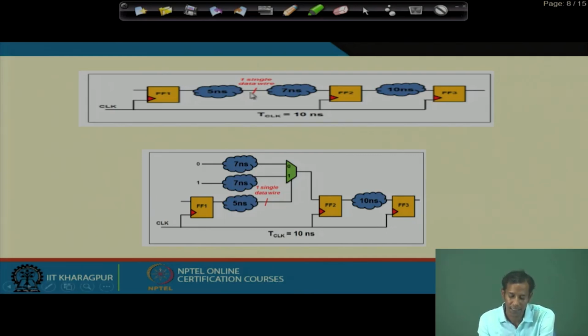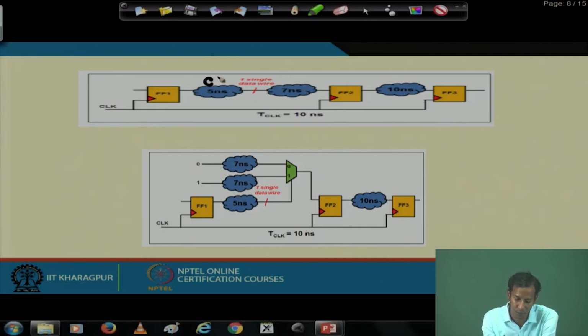As you see, it is mentioned that only one single data wire is connected from this combinational block. If I write these as C1, C2 and C3, C1 is connected to C2 with a single wire. Because there is only a single wire, if we can compute these two in parallel, I do not have to wait.